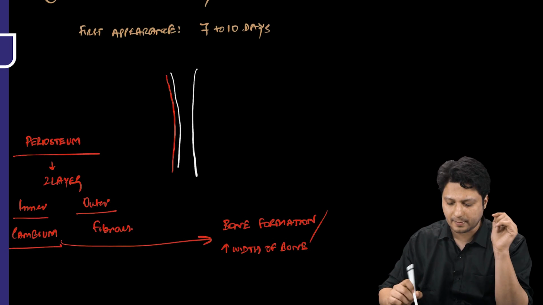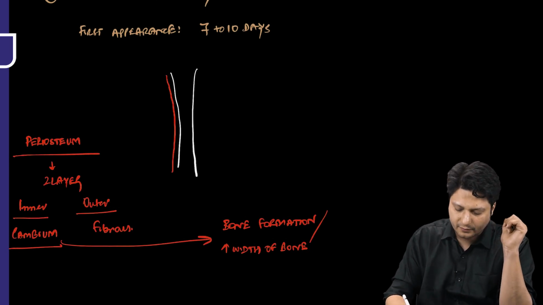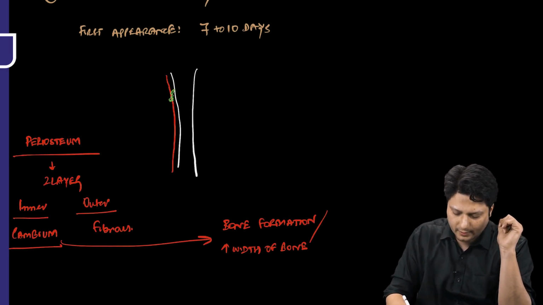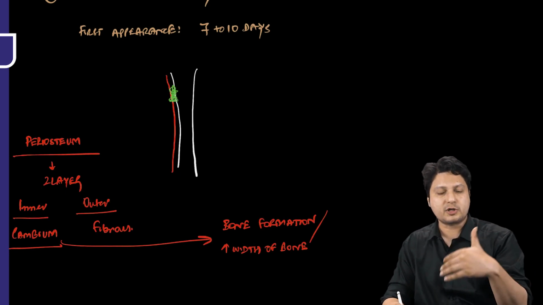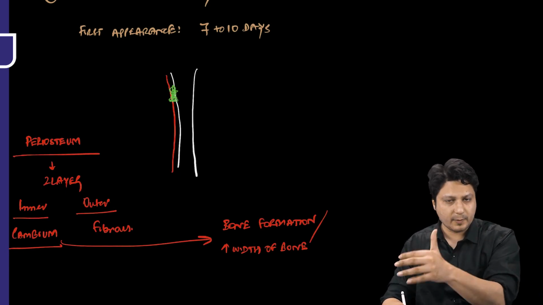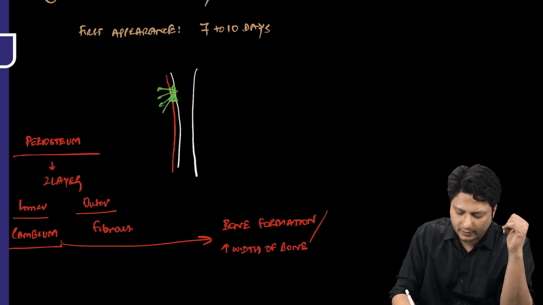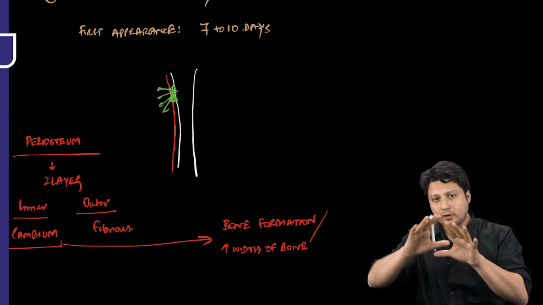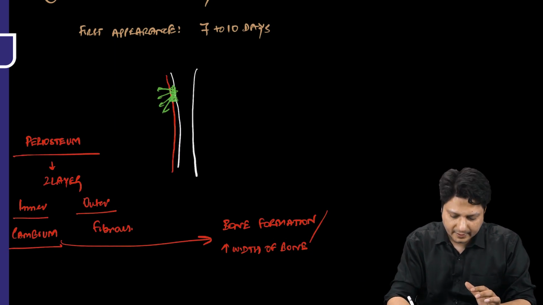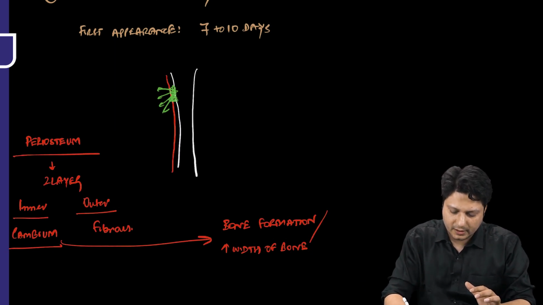Now just imagine there is an organism present inside, and it has led to the formation of an abscess following the inflammatory processes. Now this organism will try to move or spread. This spread of the organism will be prevented by the additional layer of the periosteum.